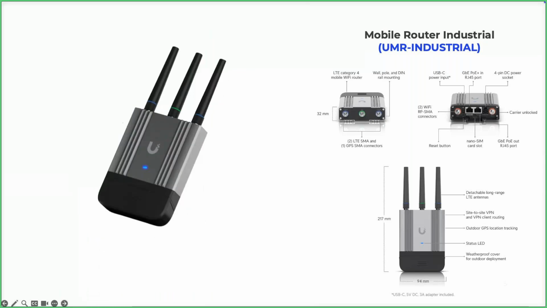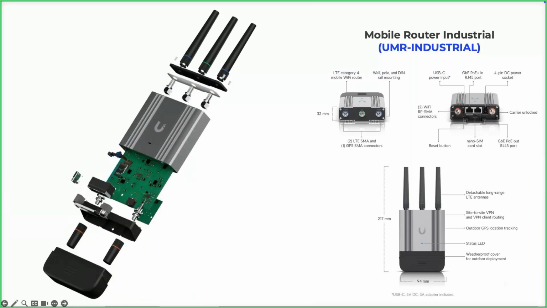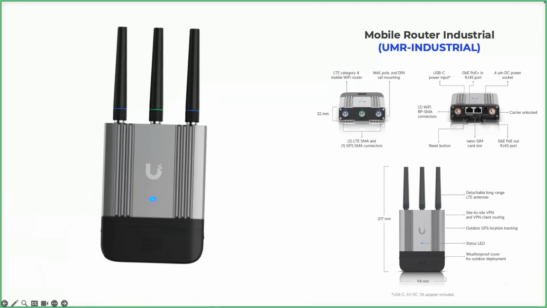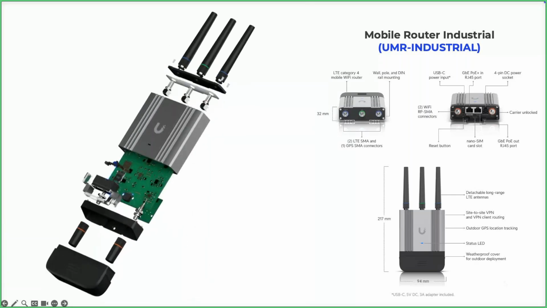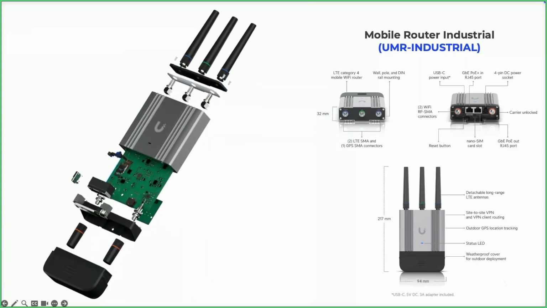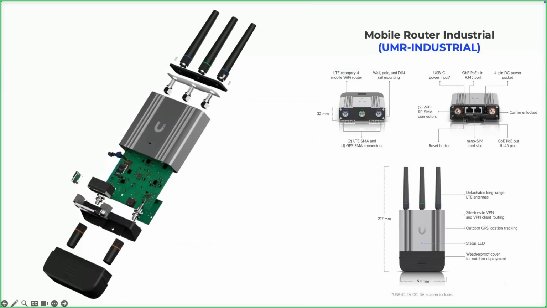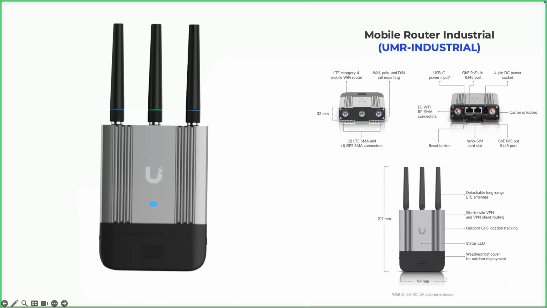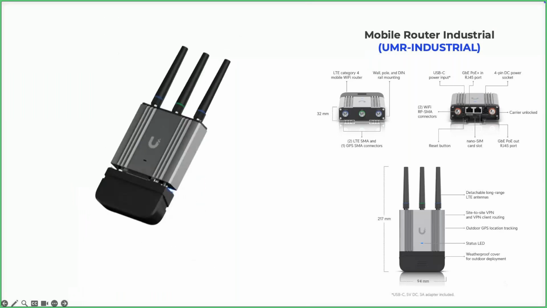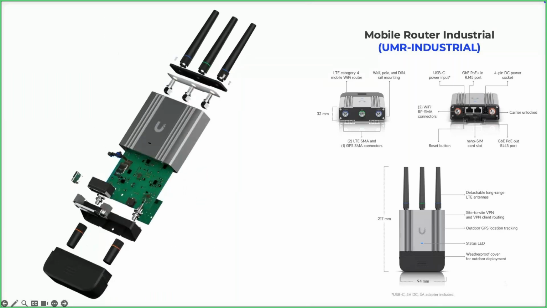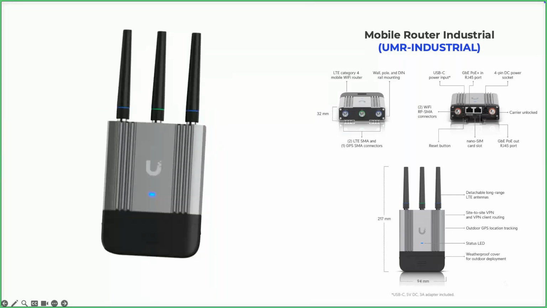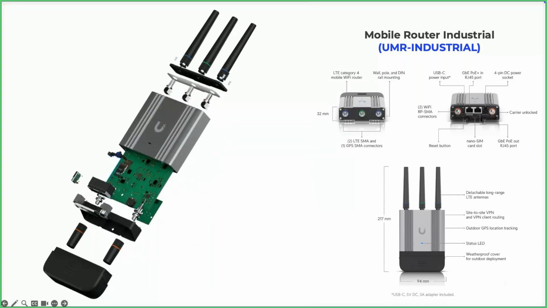And in terms of the throughput on these devices, that's often a question that I get. These are Cat4 LTE devices. If you go look at the specifications online, they will typically say that these do up to about 150 megabits per second. I think that's a little bit on the positive side. From our real world testing, it looks to be about 30, 40 megabits per second, but obviously depends on where you're at and what your level of signal strength is.